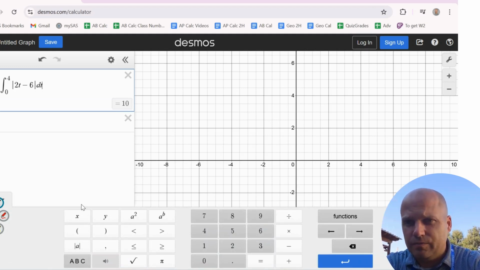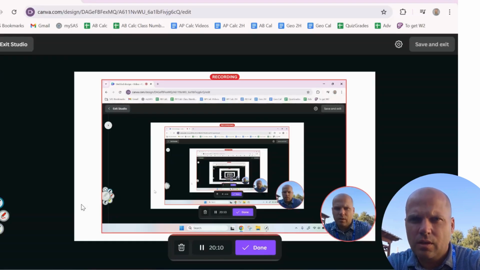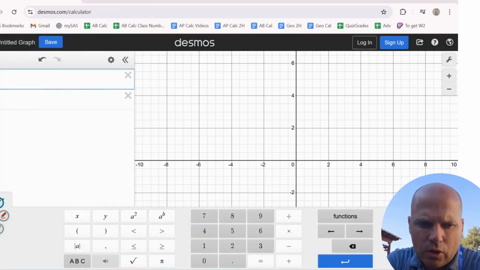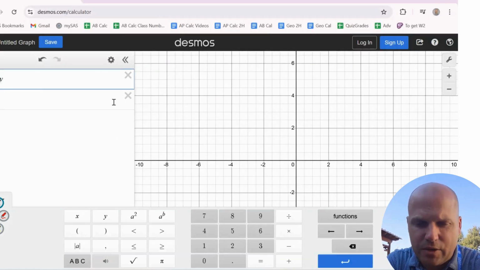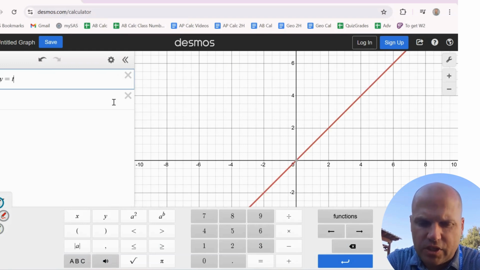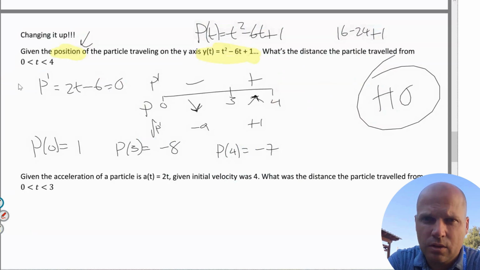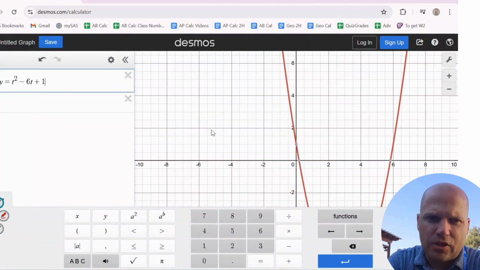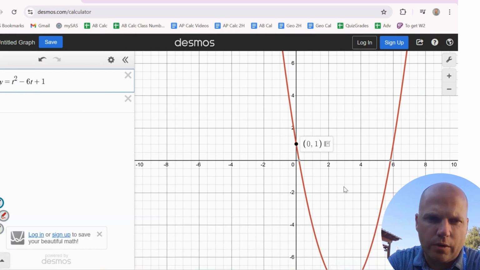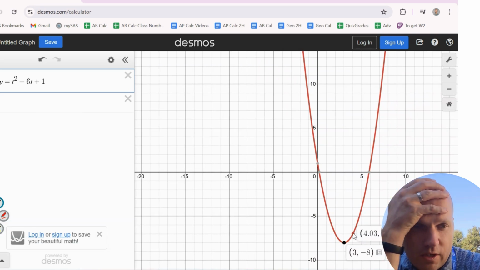What you could actually do is look at your original equation. I wouldn't recommend doing this, but y equals t squared minus 6t plus 1. And you can see that you started at a position of 1. You decrease to a position of negative 8. And then you increase to a position of negative 7.